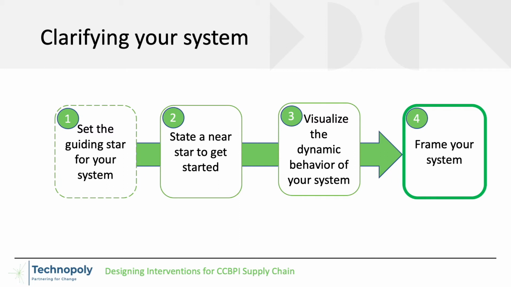And third, we need to visualize the behavior that you're trying to address or manage when you introduce interventions later on. All of these three steps will lead us to understand the system better. And by understanding the system better, we need to be able to frame it, to ask ourselves, what is exactly the system all about?